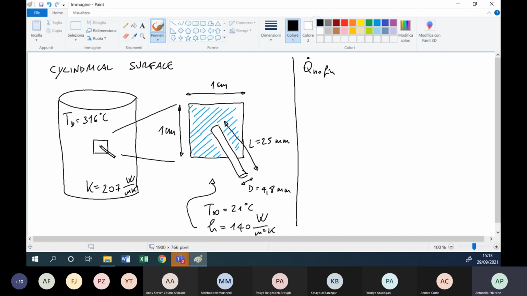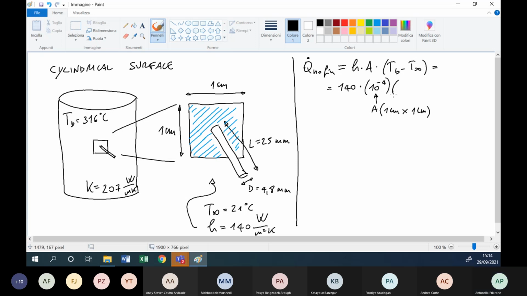So with this one, Q no fin is h by A by T base minus T infinite, and will be 140 by 10 to minus 4. 10 to minus 4 is the area, 1 centimeter by 1 centimeter.